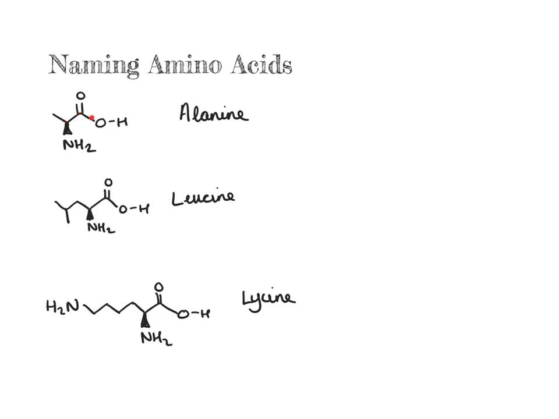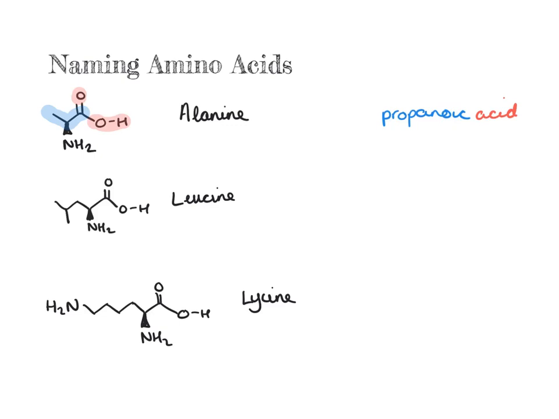So this is going to be a propanoic acid chain. Okay, so we've got propanoic because it's 3 carbons, and we've got acid, which is this part here. And we don't need to say that it's 1-propanoic acid. We know that this is going to be carbon number 1 anyway, because acids take priority. Coming off of this propanoic acid chain, we've got 1 substituent, which is here, and this is an amine group.